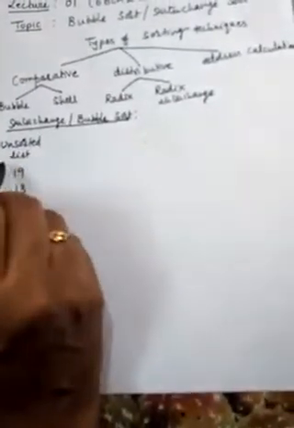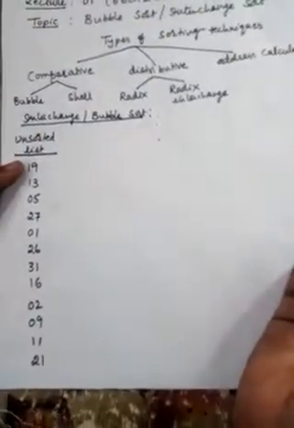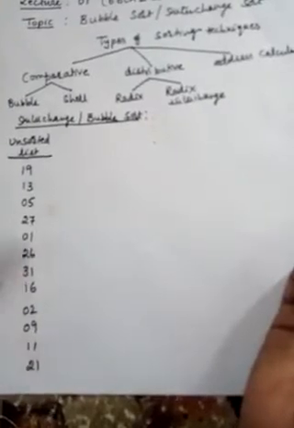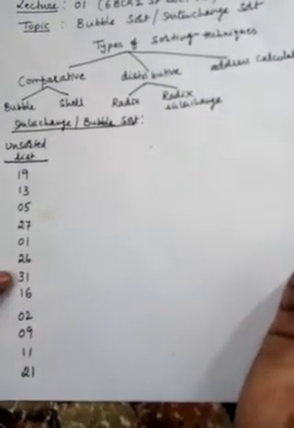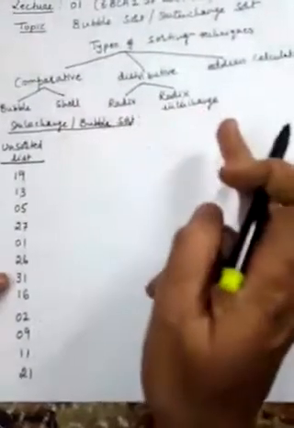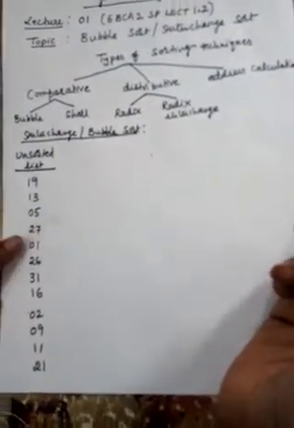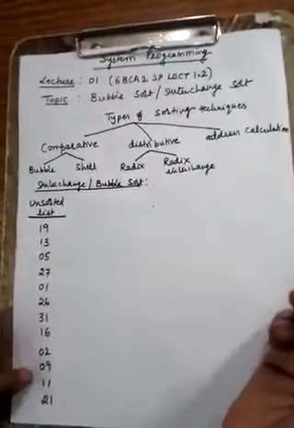We'll explain this sort by taking one example where I have got 12 elements in a table, and I will be taking the same example for all the types of sorts because this is the standard example given in the textbook. Even for the exams it has come many times.